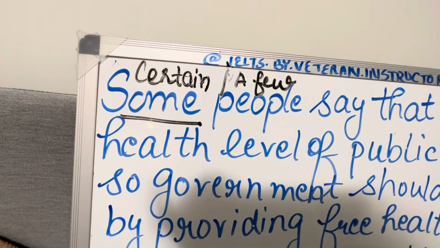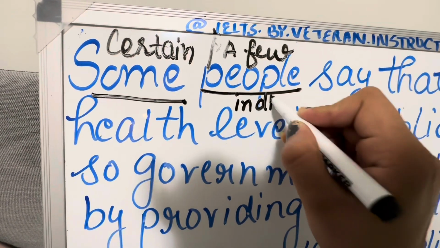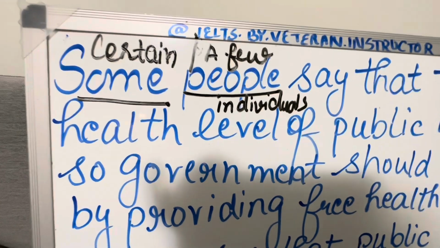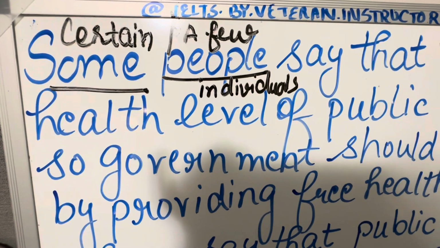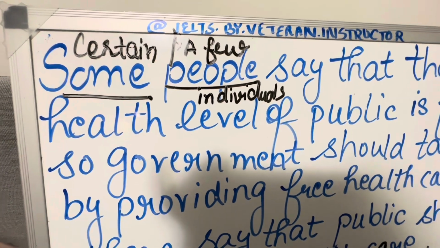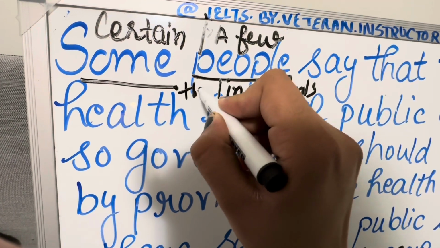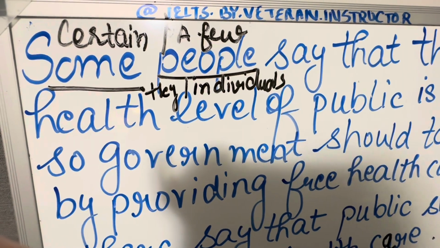Our next word is people. To people, we can write individuals. At times people write masses and some other words which are not correct. So you can just replace it with individuals, and when you have to switch to your body paragraphs, despite writing people and individuals repeatedly, you can write they.